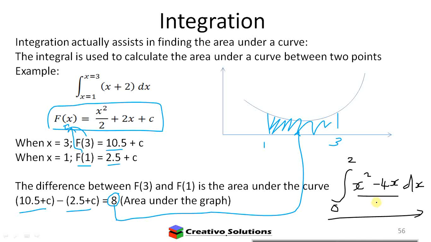So it'll be x to the 2 plus 1 over 2 plus 1, minus 4 x to the 1 plus 1 over 1 plus 1, plus c. Okay, simplify that.